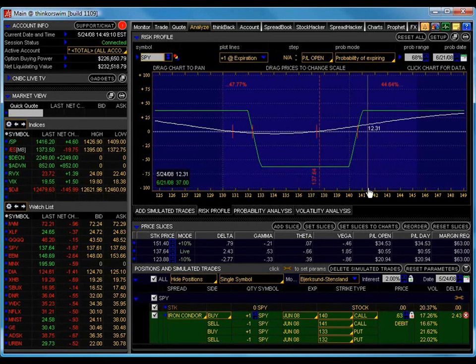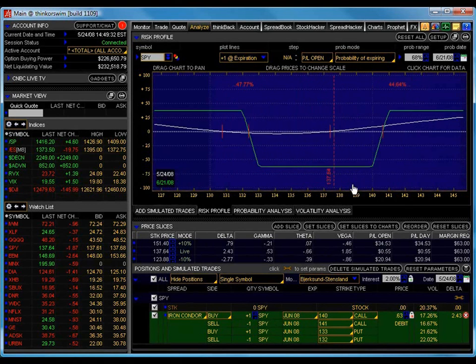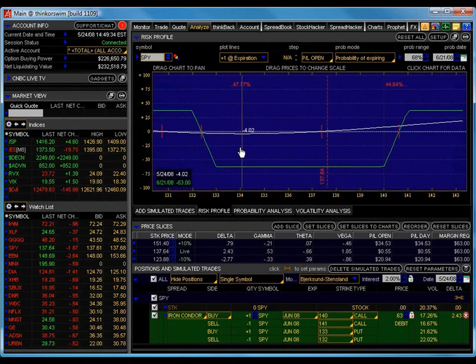So the only reason that you would want to buy an iron condor is if you think there's going to be dramatic price movement in the underlying stock, ETF, or future, or whatever it is that you're buying. If the price moves within a very, very narrow range, you will have achieved your maximum loss.